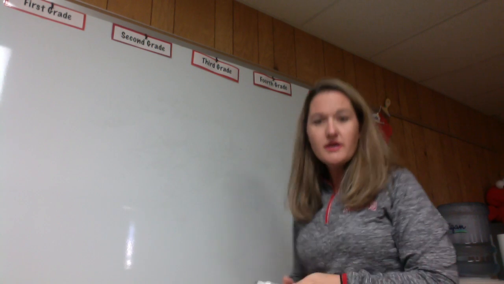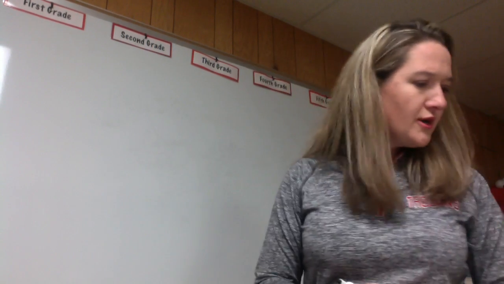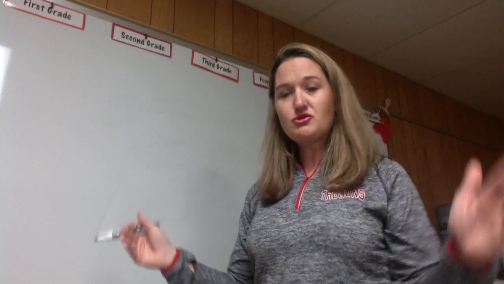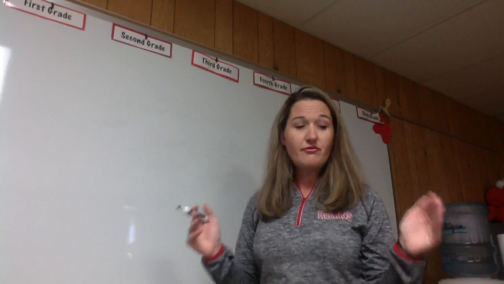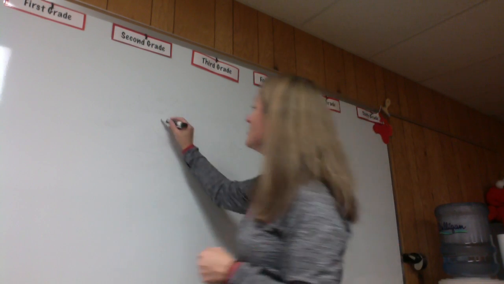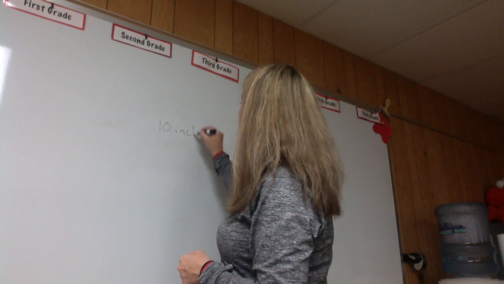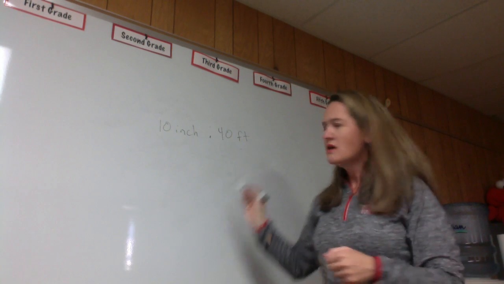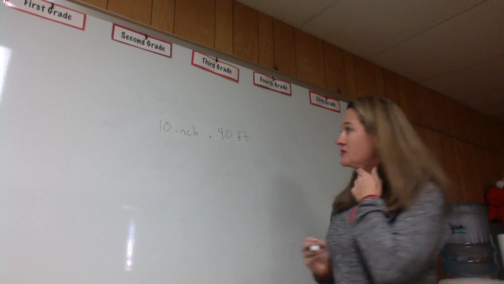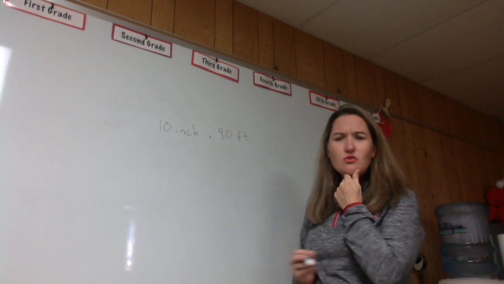Now they may say, write each scale as a ratio. They may say, I've got a 10-inch long drawing that actually represents a 40-foot thing. They want you to write that as a ratio in simplest form.